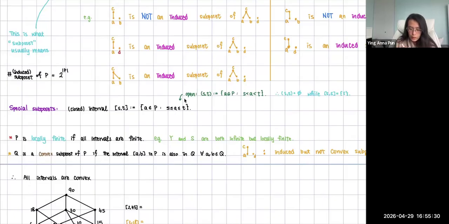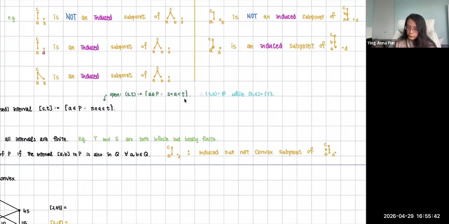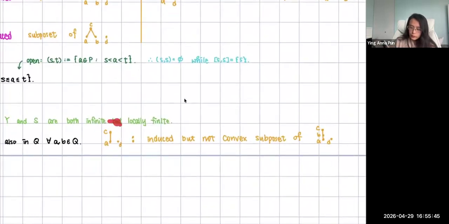Also, there's a term that I probably would not use much, but I want to include for completeness: what is a convex subposet? A convex subposet is one where, if the interval AB in P is also in Q. So for example, this guy here is an induced subposet of this guy because you can compare A and C only.